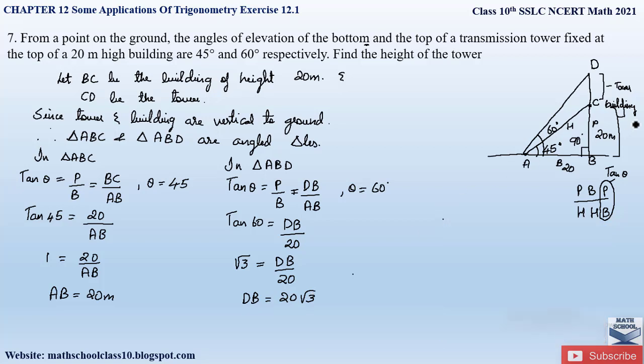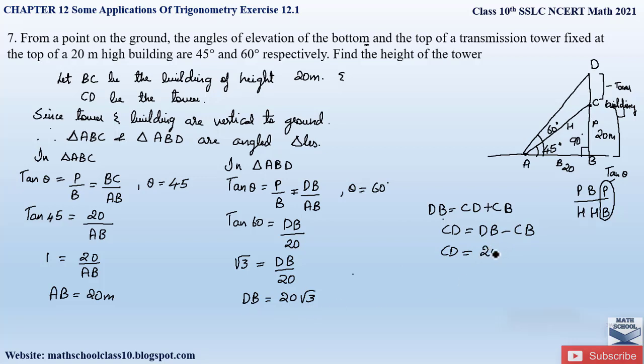Now to find the height of the tower, let us take this whole DB value from the figure. DB is equal to CD plus CB. We have to find CD, which is the height of the tower. So CD is equal to, sending CB to the left hand side, DB minus CB. What is the DB value we got?